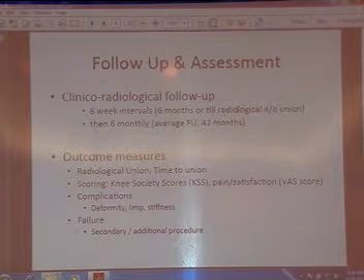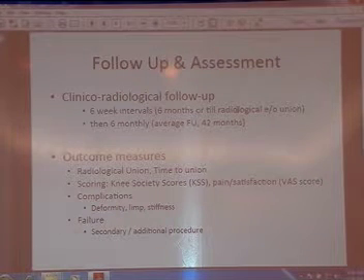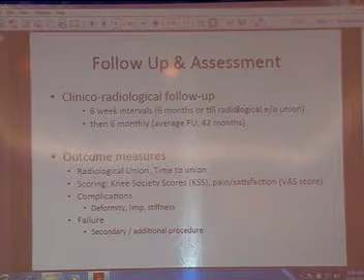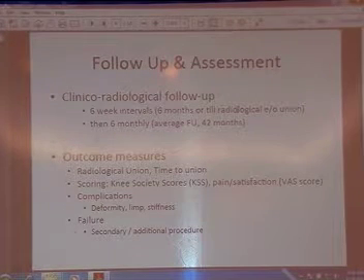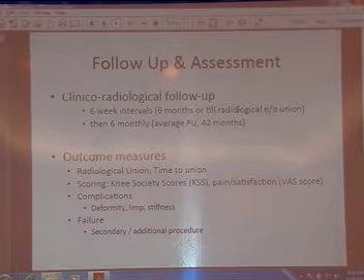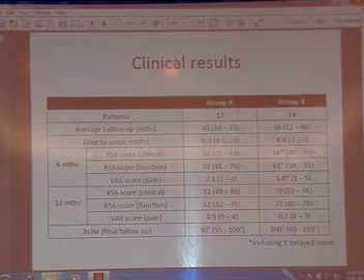Outcome measures are radiological union, time to union, and scoring. We did the scoring by the Knee Society knee scoring and VAS scoring. Complications are deformity, limb stiffness, and failure. In the case of failure, we did a secondary additional procedure.